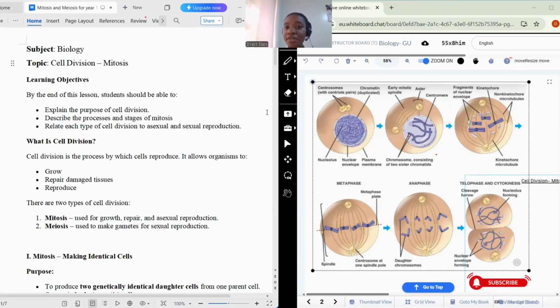So in the cell cycle, there are a number of stages involved. The first stage is the growth. The second stage is the replication of the DNA and mitosis, and the final stage is the cell division.